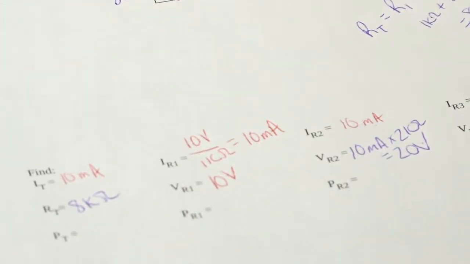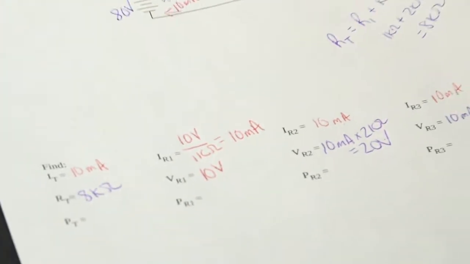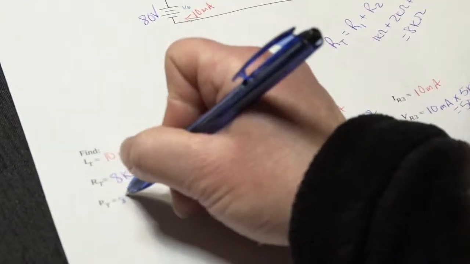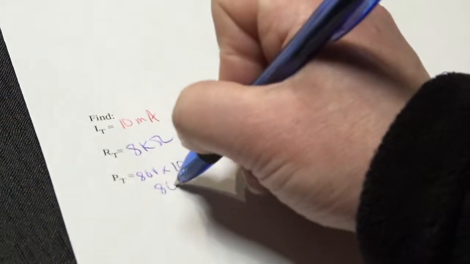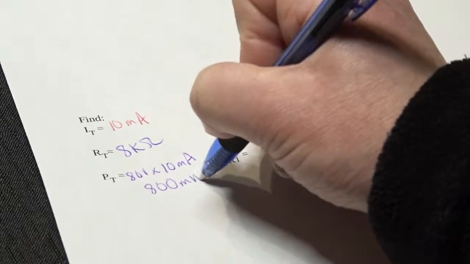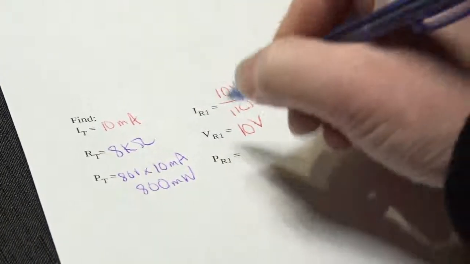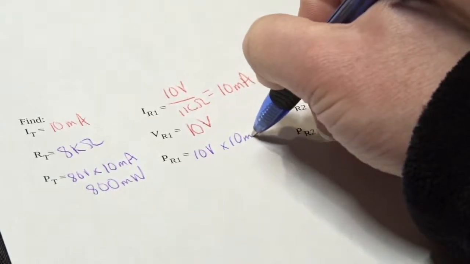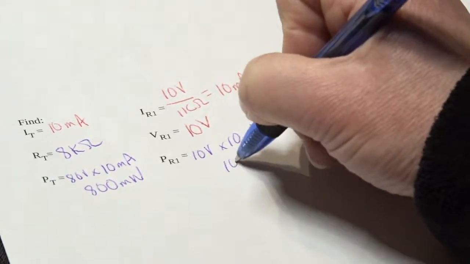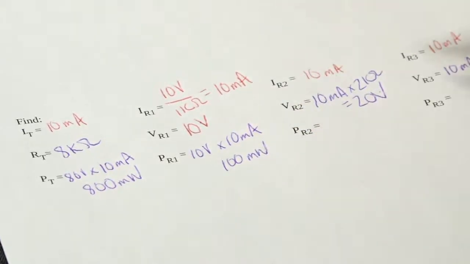Looking good. So how do we find our total power? Well, 80 volts times 10 milliamps gives us 800 milliwatts. And 10 volts times 10 milliamps gives us 100 milliwatts.